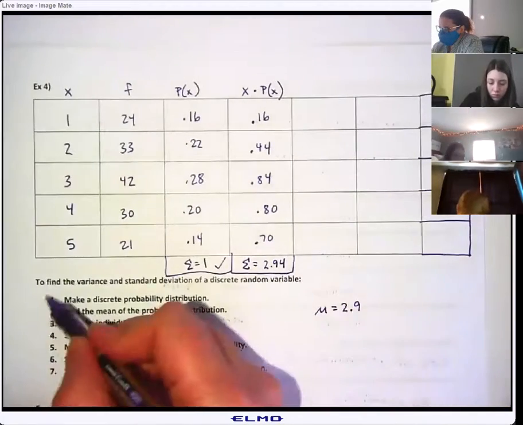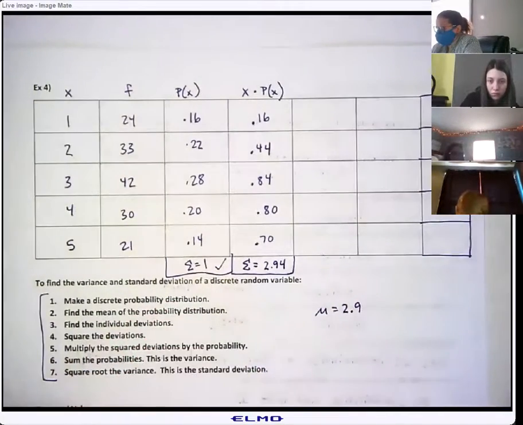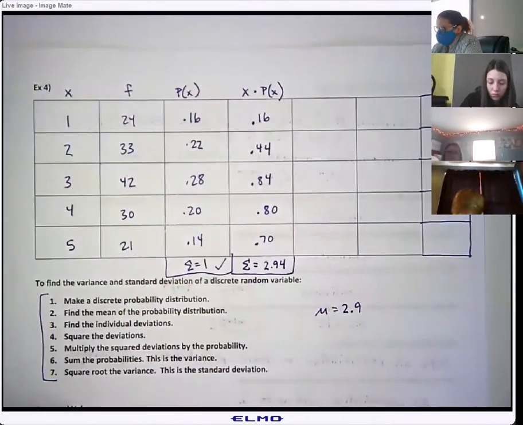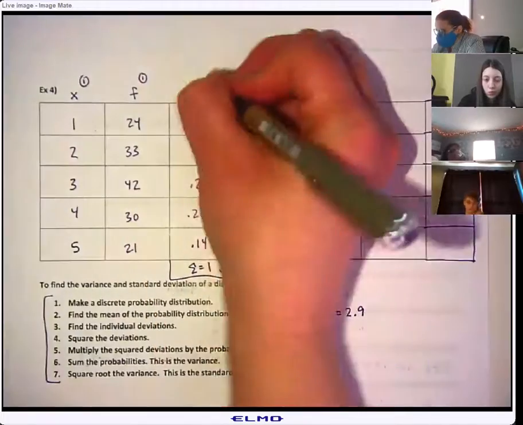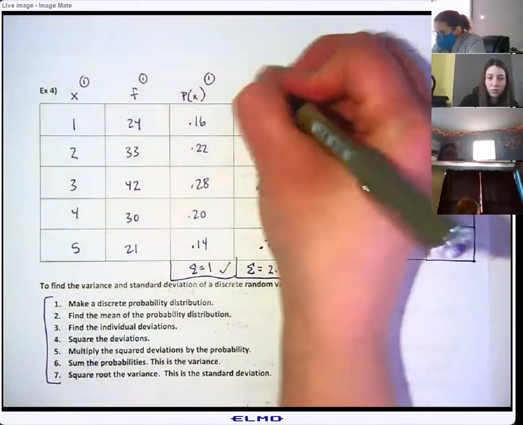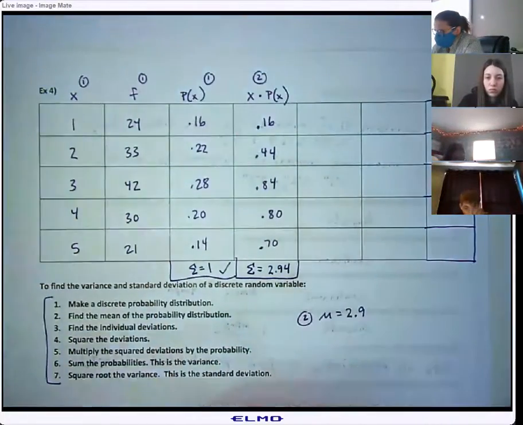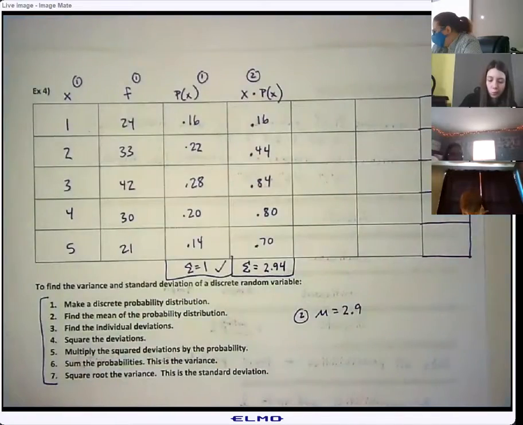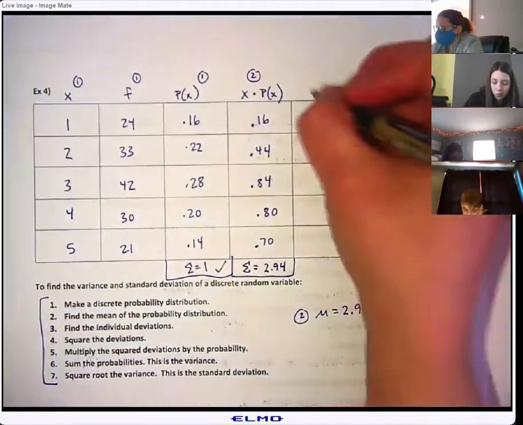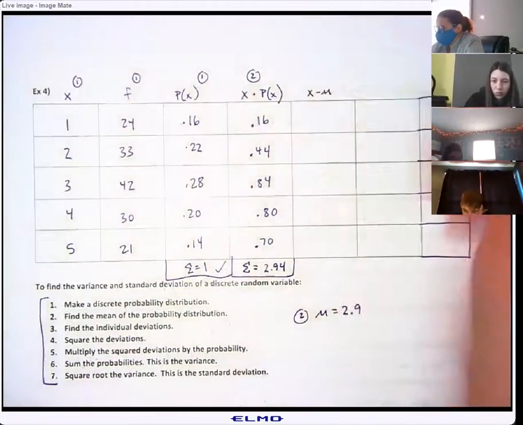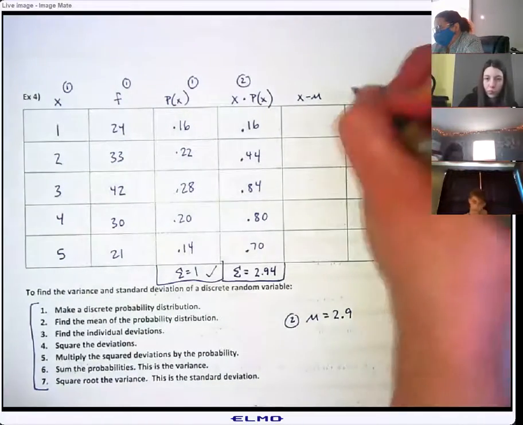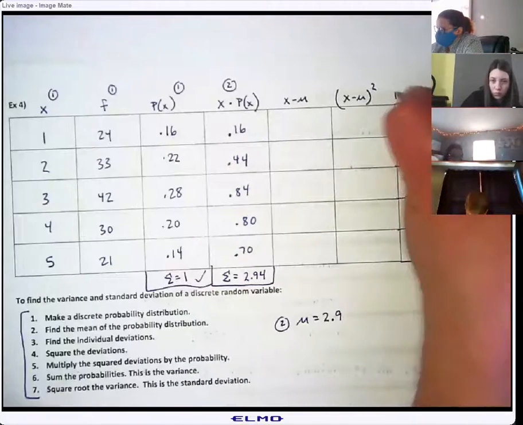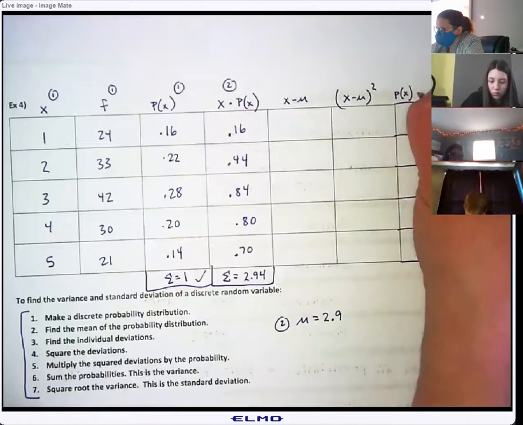By the way, I wrote down all the instructions on how to find variance and standard deviation down here. So these are step 1 and step 2. Now we have to find the individual deviations, which is x minus mu. And then we're going to square all those deviations. And then we're going to take the probability times all those deviations.